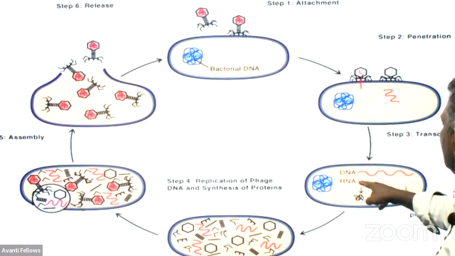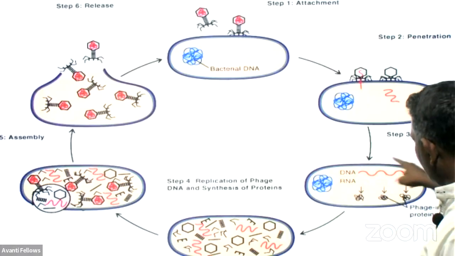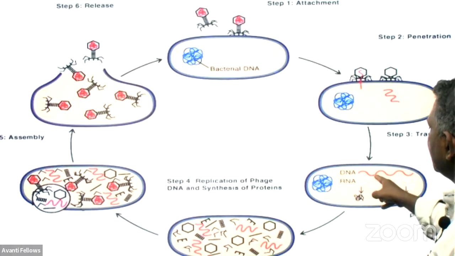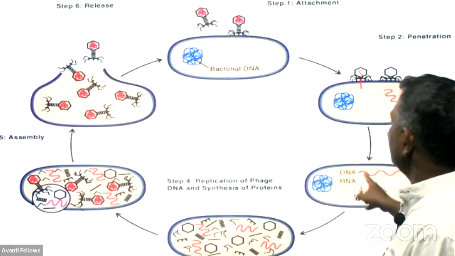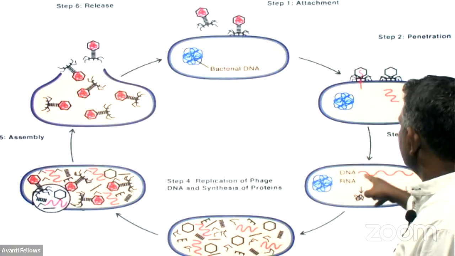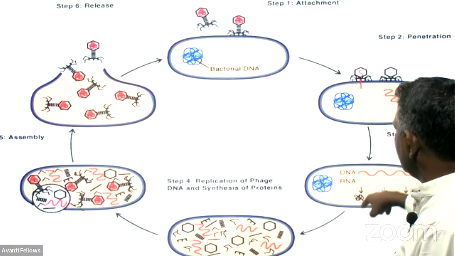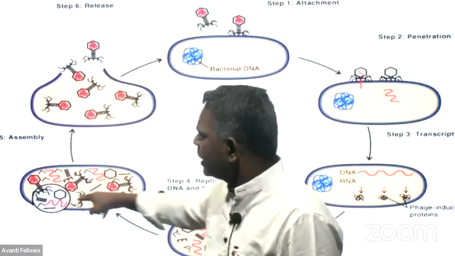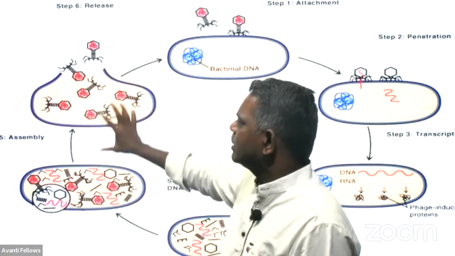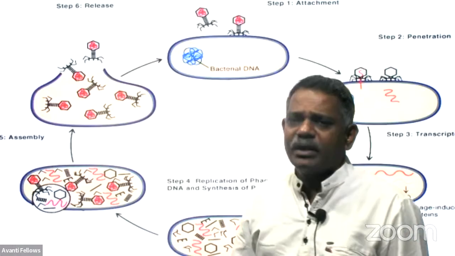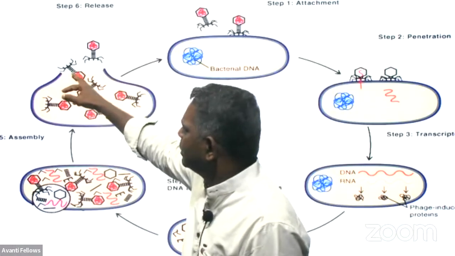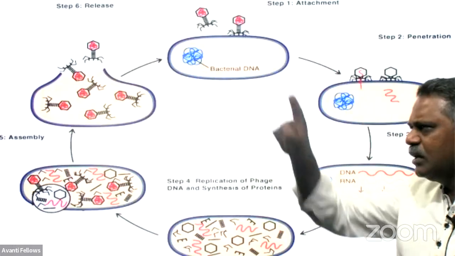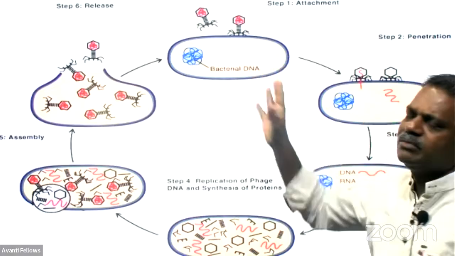Using this DNA, it produces RNA, and by using all the machinery present in the bacteria, it prepares proteins. The DNA multiplies many times, and every DNA goes for RNA production and protein synthesis, making the protein coat, and many bacteriophages are produced inside the bacteria. After producing many bacteriophages, it breaks the wall, kills the bacteria, and everything comes out. This is the cycle of the bacteriophage.